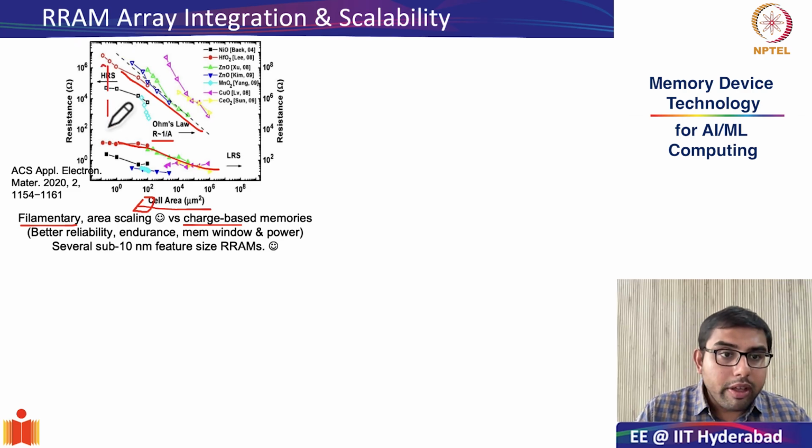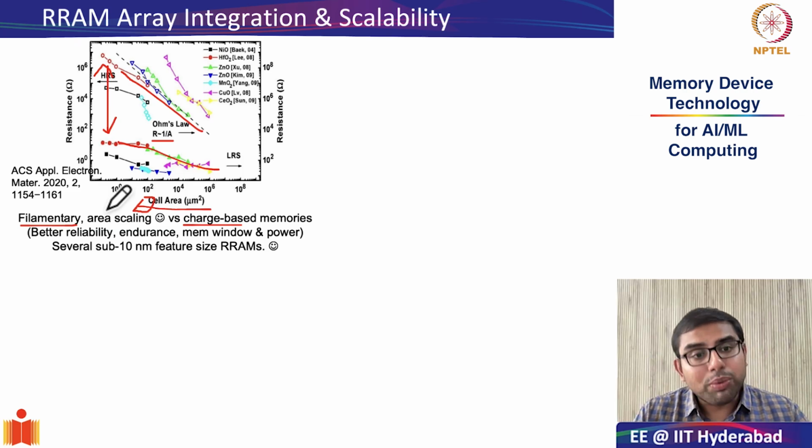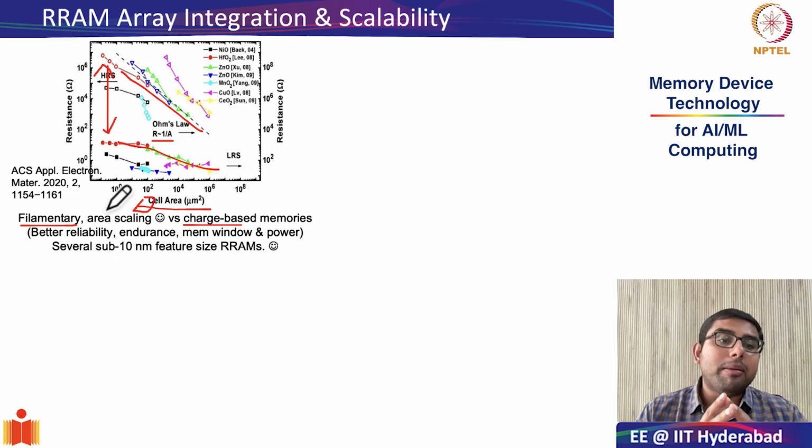As a result, the memory window starts increasing as we reduce the cell area. Also, because the number of filaments that can occur in a small area reduces, the amount of energy or power required to set and reset the device also starts shrinking. And that is why there are several examples and demonstrations of sub 10 nanometer feature size RRAMs.